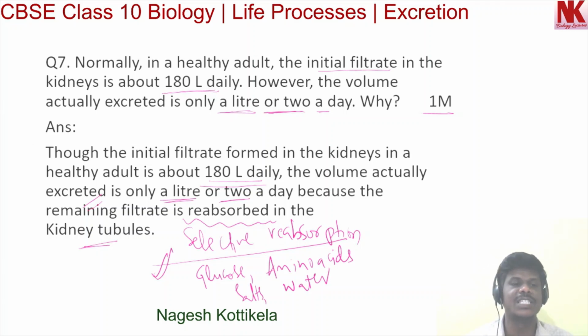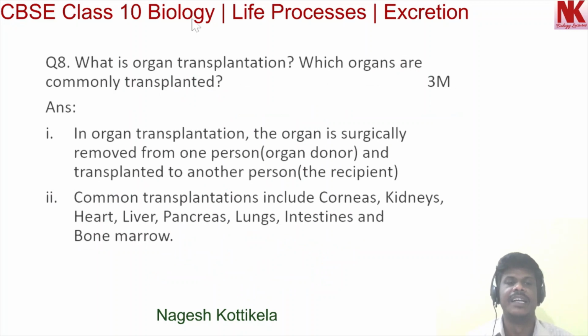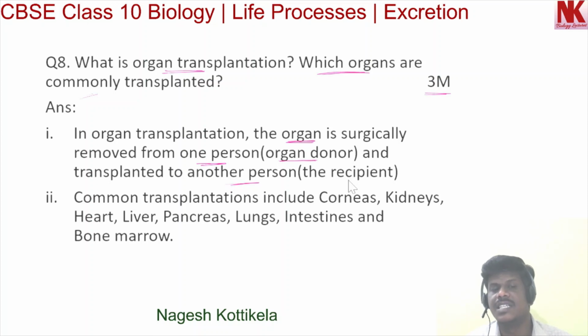Now moving to the next question, question number 8. What is organ transplantation? Which organs are commonly transplanted? This question can be asked for 3 marks, and the answer for this question is, in organ transplantation, the organ is surgically removed from one person, that is organ donor, and it is transplanted to another person who is considered as recipient.